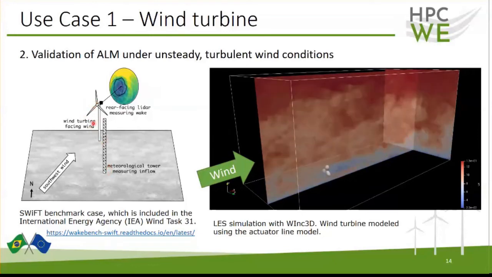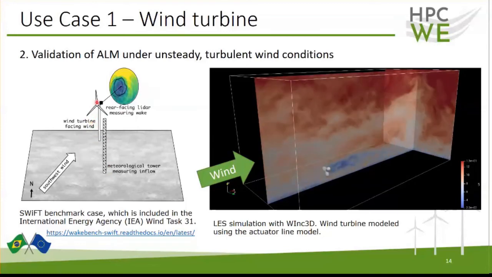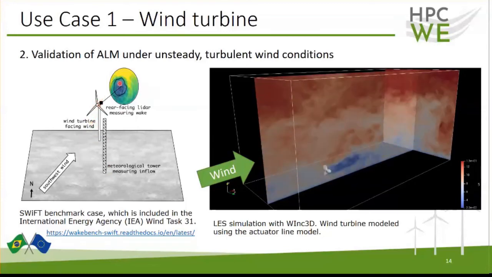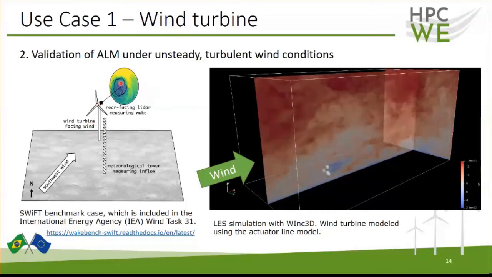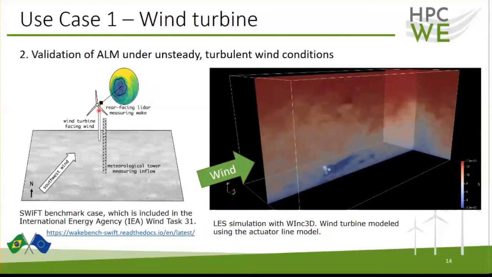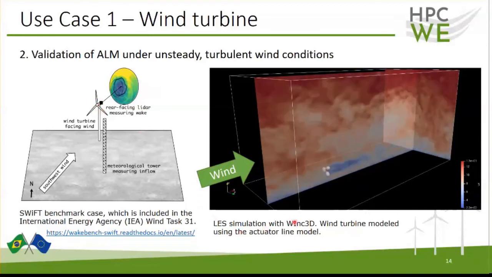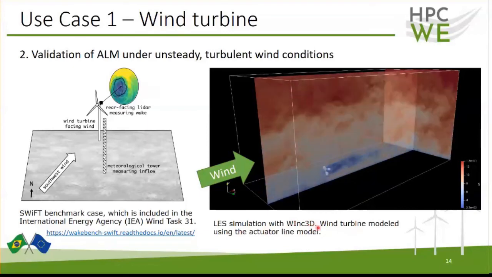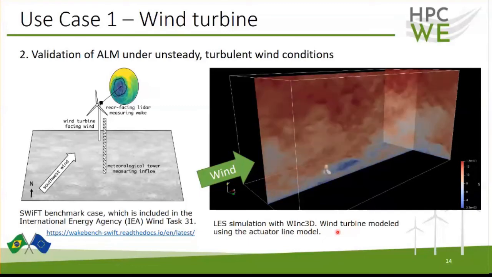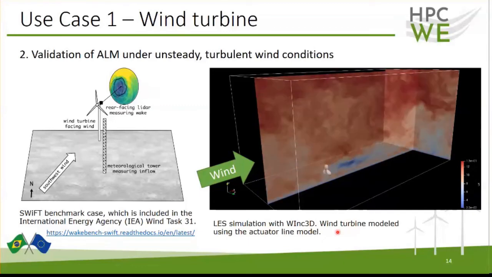They also have information about the wind turbine power, and they measure the velocity in the wake. Today I will show you results using the power of the turbine. And here we see an animation of the simulation using Wink3D, but it's similar when I'm using OpenFOAM.